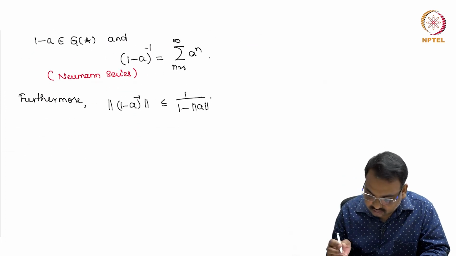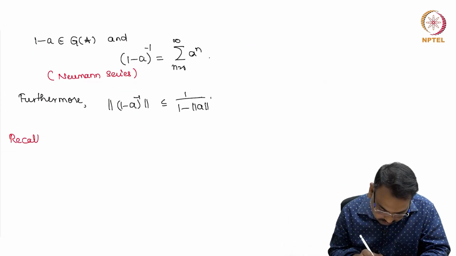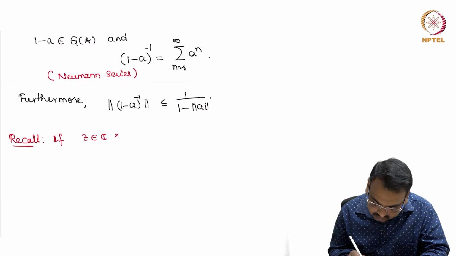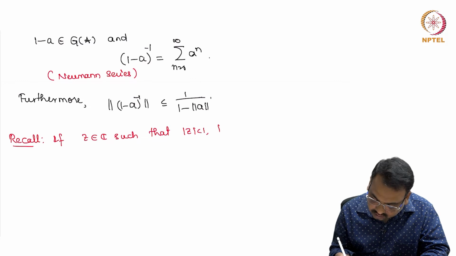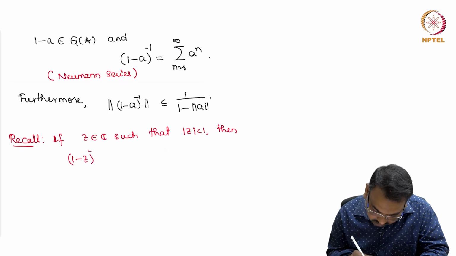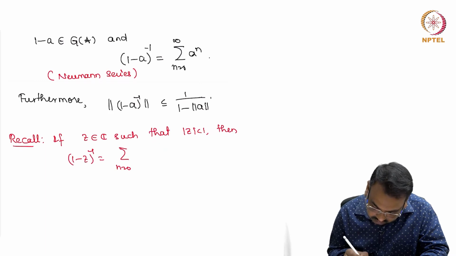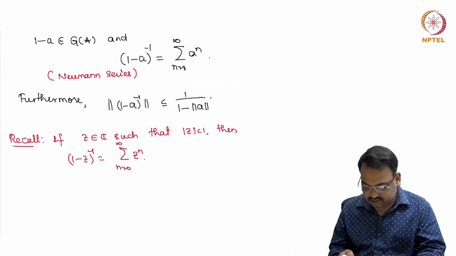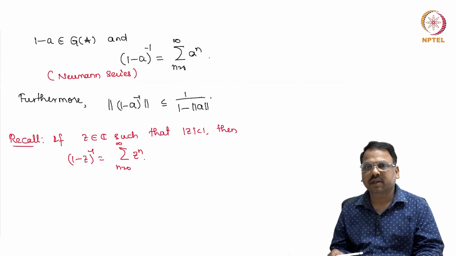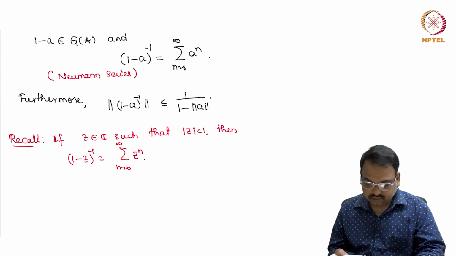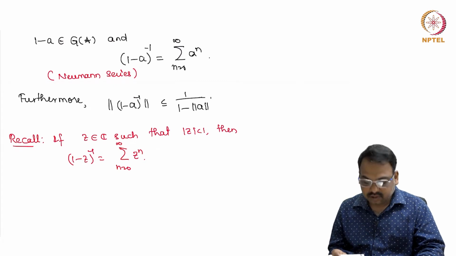Let us quickly recall: if z is a complex number such that mod z is strictly less than 1, then 1 minus z is invertible, and (1 minus z) inverse is given by summation n equal to 0 to infinity z power n, which is nothing but 1 by 1 minus z. This is a geometric series. Now the same result we are trying to generalize to an element in a Banach algebra.